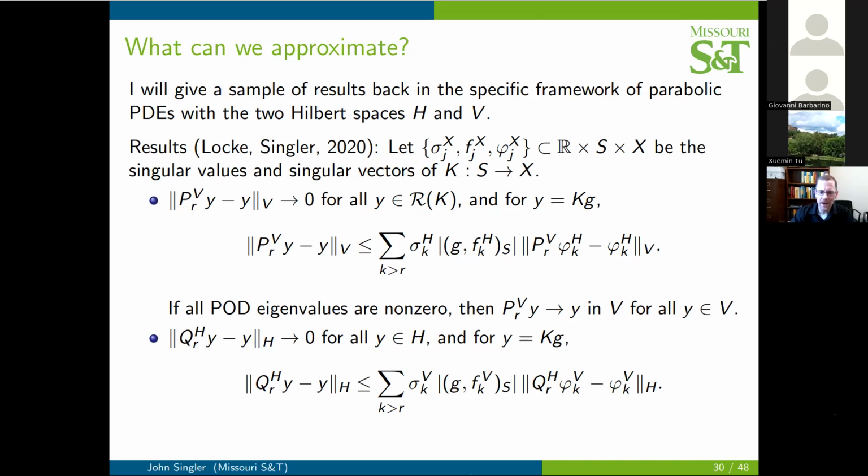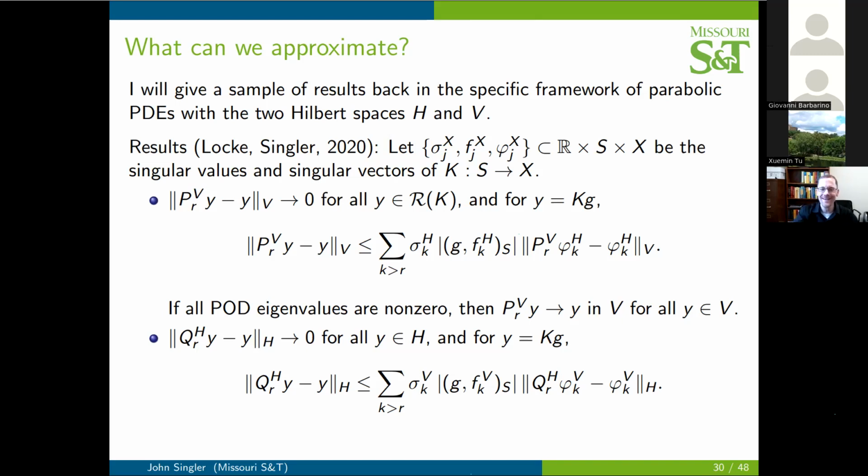So again, for any data y, this projection PRV y will converge to y for anything in the range, and you get error bounds that are written there. In the error bounds, you will see things that maybe look familiar from these data approximation errors.